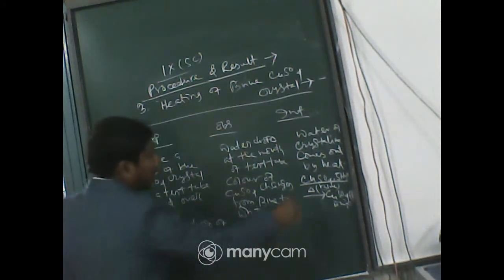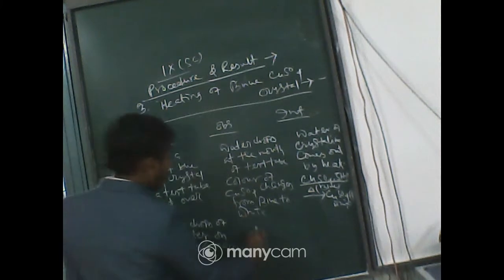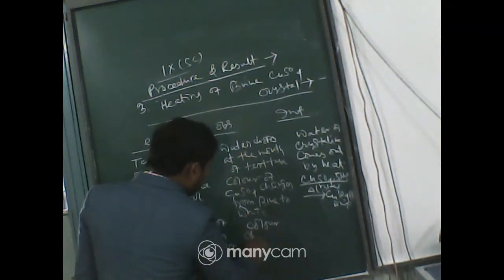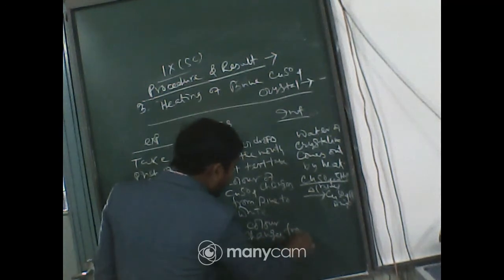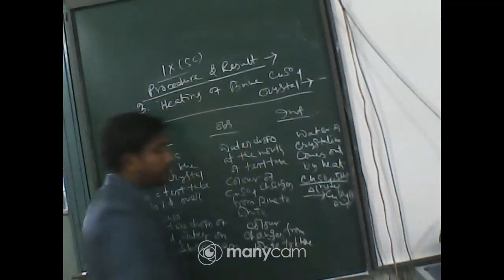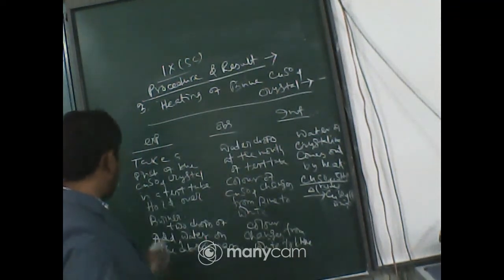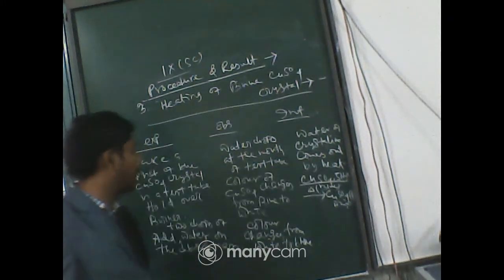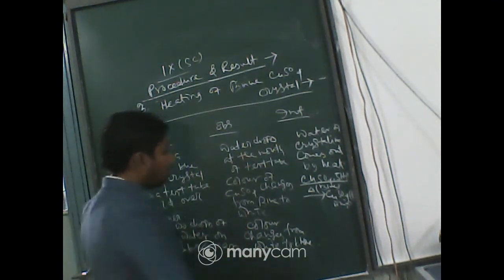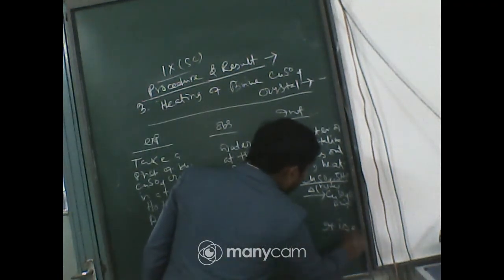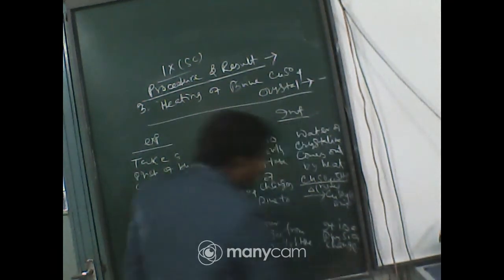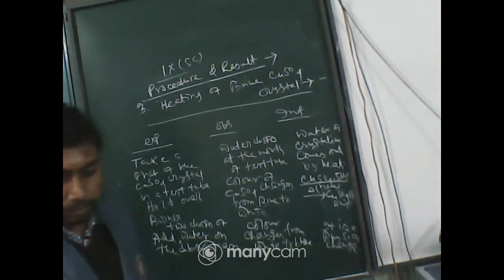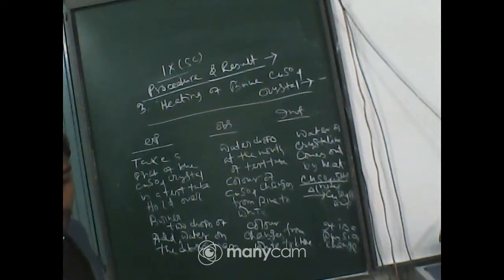The mass means what we get from here. Color changes from white to blue. It is a physical change. Okay. So complete it. That's all for today's class.